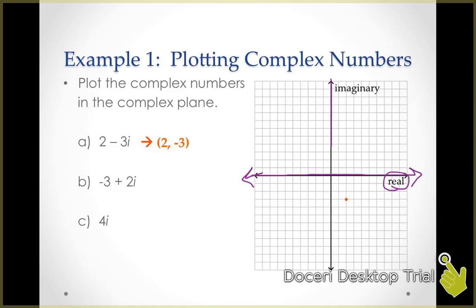And my vertical axis here is not labeled as y, it's labeled as imaginary. So when I say I'm going to 2, negative 3, it's 2 in the real axis direction and then negative 3 in the imaginary direction, which matches up with where the 2 and negative 3 came from.